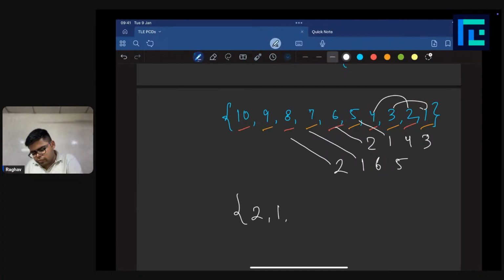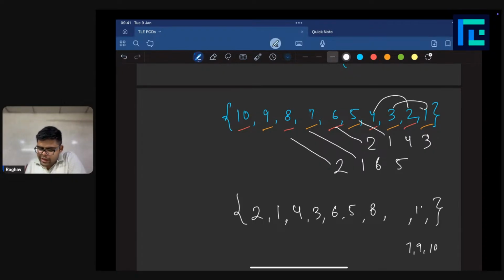So you will have something like 2 1 4 3 6 5, and then 8. And then for the last three, that is 7, 9 and 10 left, you know that you will have a 10 here.